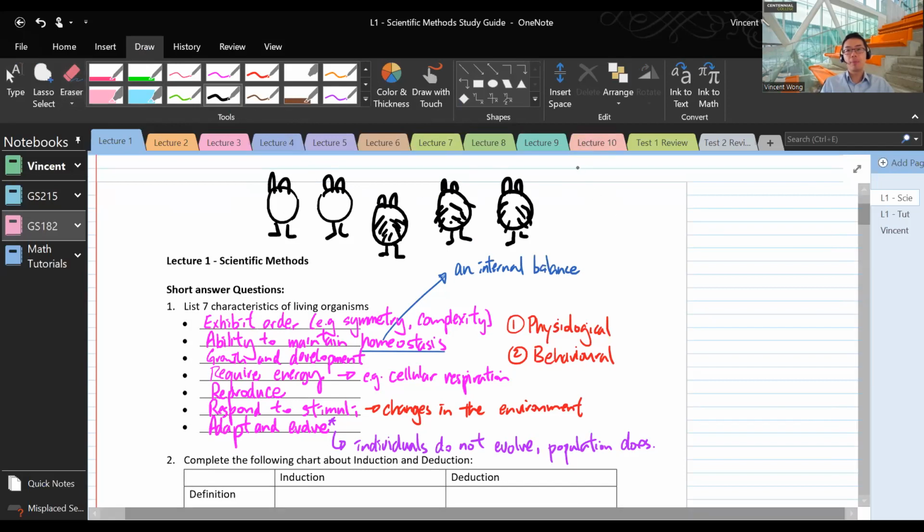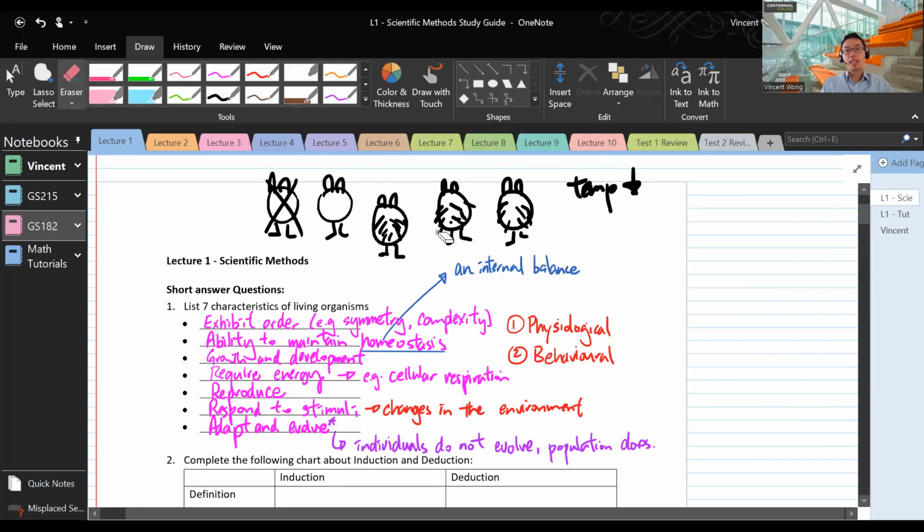And let's say there is some sudden environmental change that causes the temperature to drop. The furry ones will be okay because the fur keeps them warm, but the naked ones are probably going to suffer from the cold temperature, so they might die off.